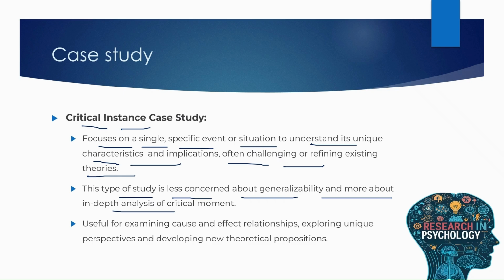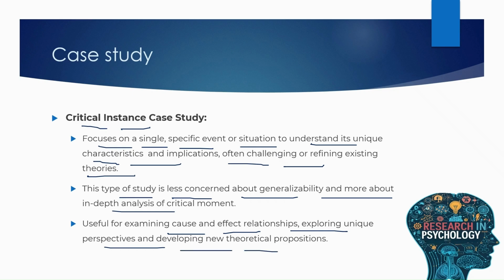So here what happens is that maybe a particular political situation has happened. So critical instance case study would be where somebody is trying to understand why this happened, right? Why this happened, how this happened, what are the outcomes, not about generalizability. Okay, not to extend anything to the future or maybe other populations, right? So this is useful for examining cause and effect relationships, exploring unique perspectives, and developing new theoretical propositions.